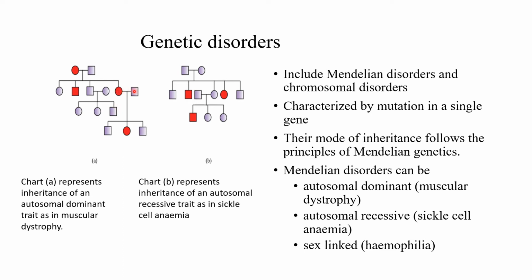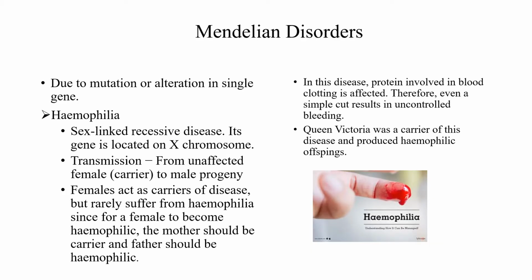An affected female with a normal male, so an affected female with 2 normal males is produced. Then autosomal recessive sickle cell anemia, then sex-linked hemophilia. All these are the best examples for Mendelian disorders, due to mutation or alteration in a single gene.